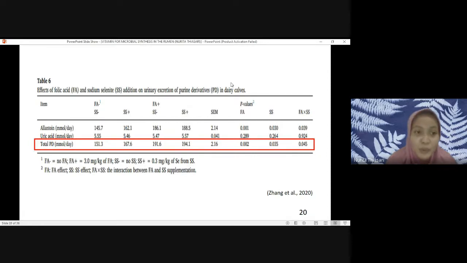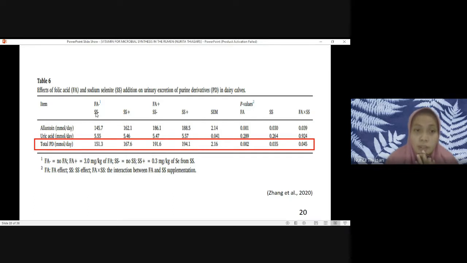And next, I move to the next table about the effect of folic acid and sodium selenite on the urinary excretion of purine derivatives in dairy calves. In here, first, they compare without addition of folic acid with the addition of folic acid. We can see there is a significant increase of the total purine derivative.